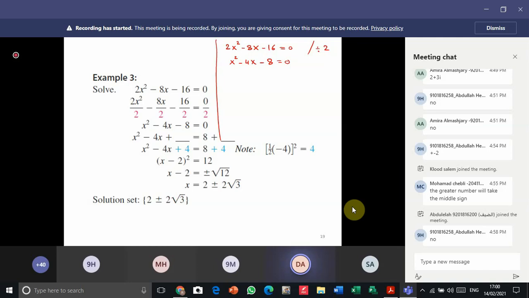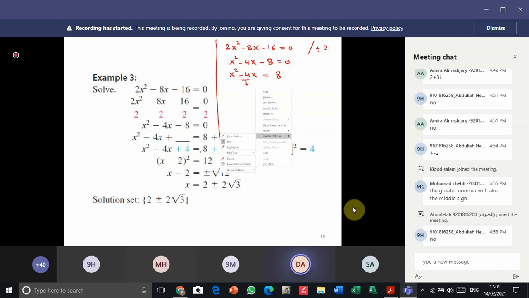Now put x squared and 4x on the left hand side and 8 on the right hand side. Okay. Now, what's the value of the coefficient? The coefficient of x equals negative 4.